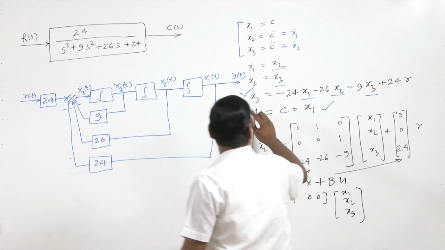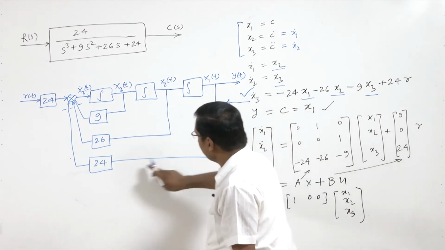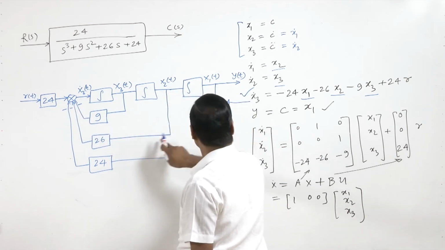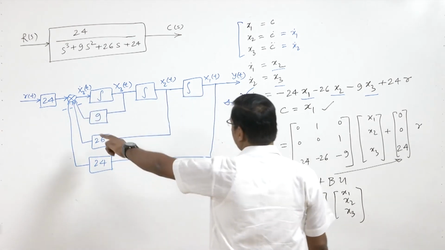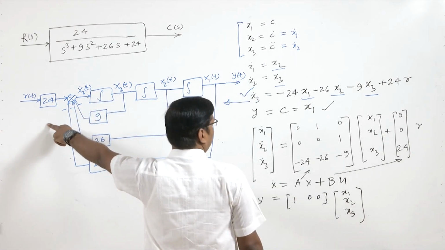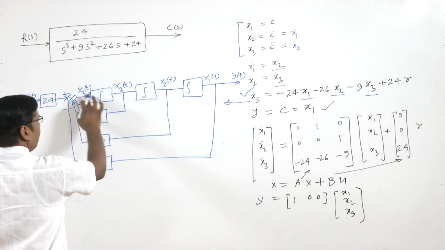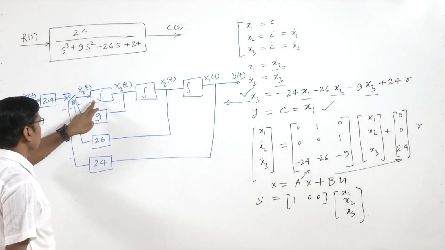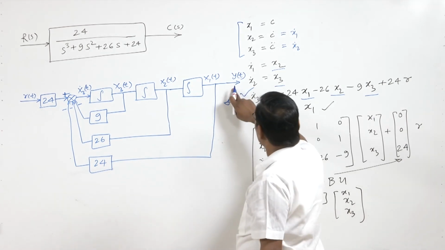So now this equation we have represented here. Minus 24 x1 here, minus summing junction, minus 26 x2 and minus 9 x3, and this is plus 24 r, here it is plus, and that is making x3 dot(t), and y equal to x1(t).